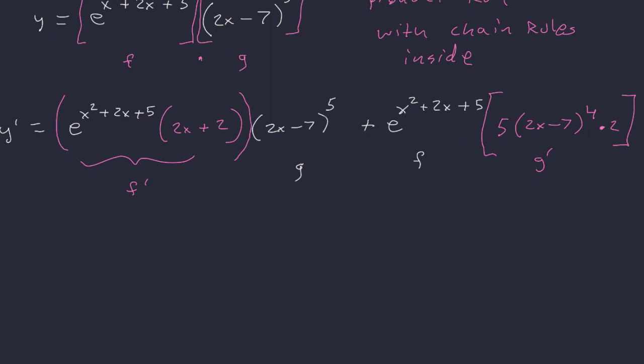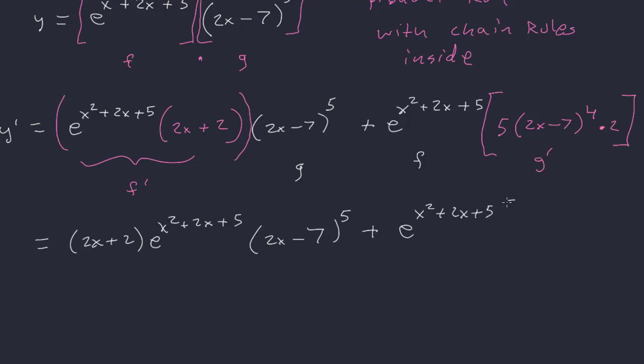Okay, so to make it a little more readable, this would be 2x plus 2 times e to the x squared plus 2x plus 5 times 2x minus 7 all to the fifth plus e to the x squared plus 2x plus 5 all times 10 times 2x minus 7 raised to the fourth.